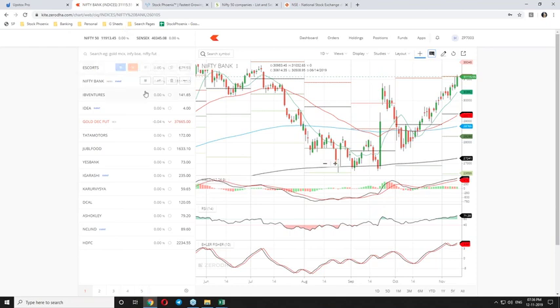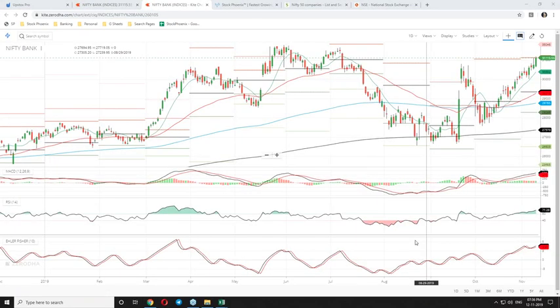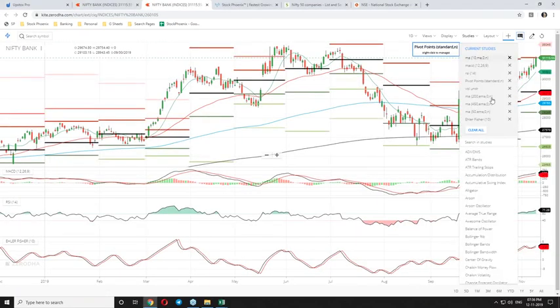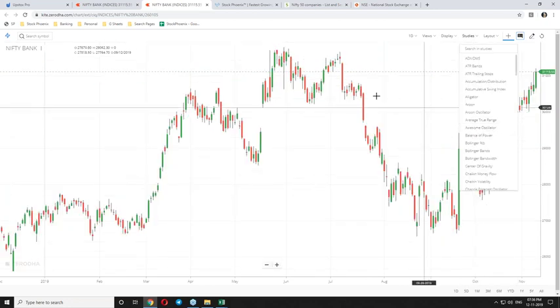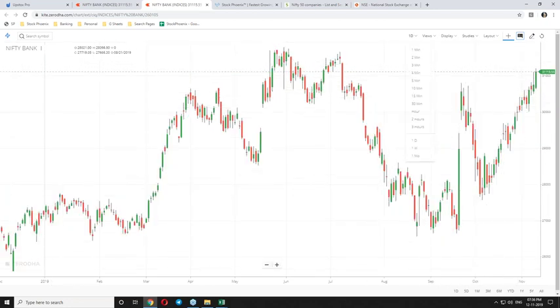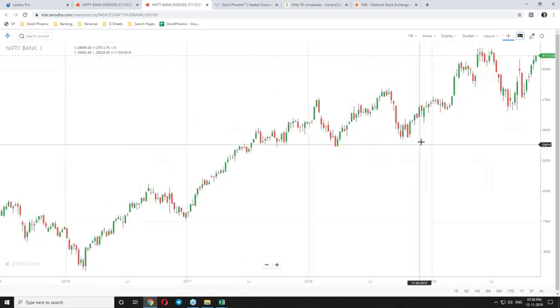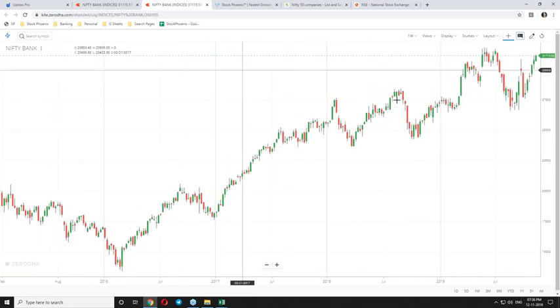Let's open this Nifty. I'll open a monthly chart, though that is a little high, so I'll open a weekly chart so that we can understand easily.